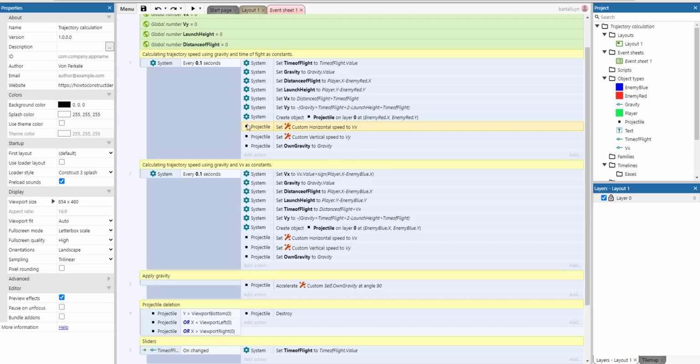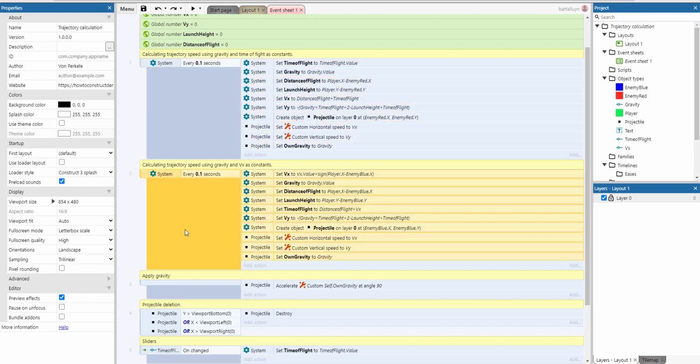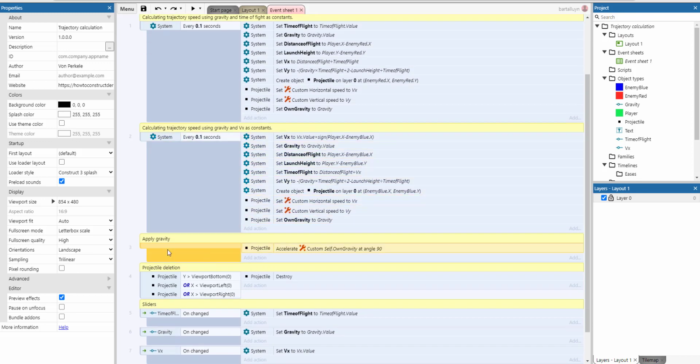So this is the code where this first part here takes care of the logic for the red enemy, and this part here takes care of the logic for the blue enemy. But the most important part of the logic here is this one here, apply gravity. So just to make sure you understand, this projectile does not use the physics behavior.